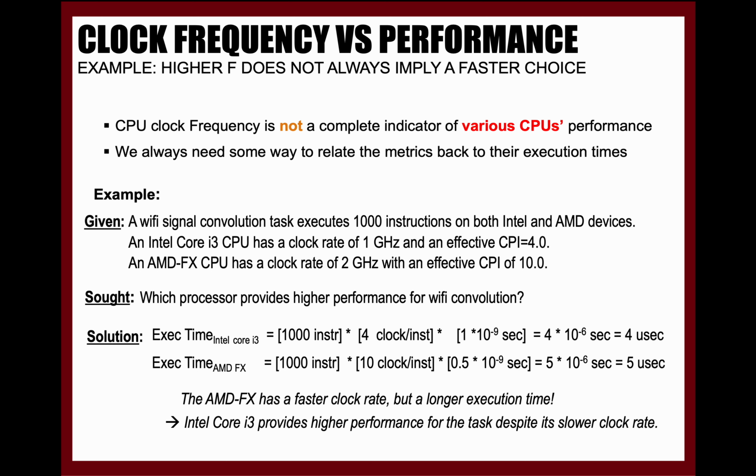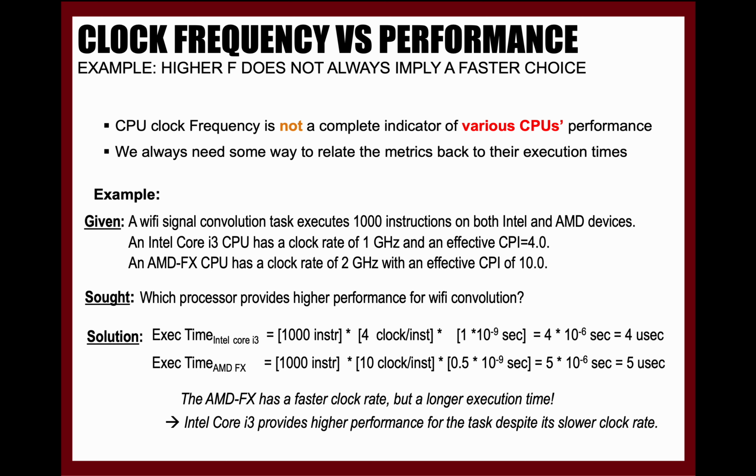What's the key takeaway? Despite AMD FX having a superior clock rate, its execution time is lengthier. Hence, for this specific task, Intel Core i3 offers better performance even with a slower clock rate.